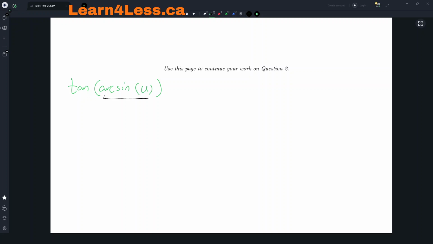So what I can do is say arc sine of u is theta. This is basically what we had, because the nature of arc sine or arc cosine or arc tan, all of them are angles. So I can say theta is equal to arc sine of u. From here, sine of theta is equal to u. The reason I'm doing this is that I can relate it to a triangle.